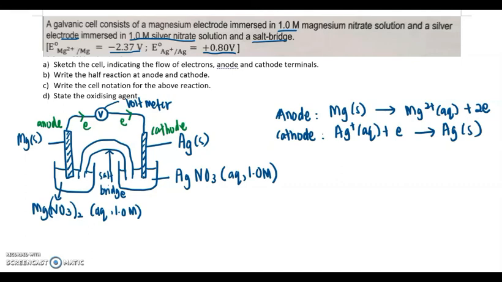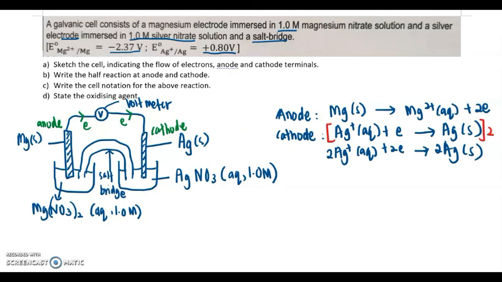So we need to multiply with 2 supaya bilangan elektron akan jadi sama. So bila kita multiply dengan 2, dia akan jadi 2 Ag plus plus 2 electron produce 2 Ag solid. Okay, ini adalah half reaction at the anode and cathode.